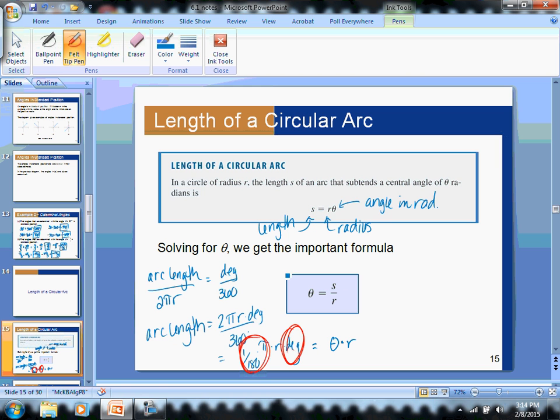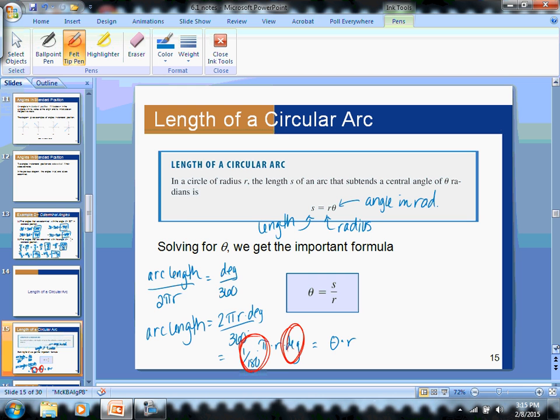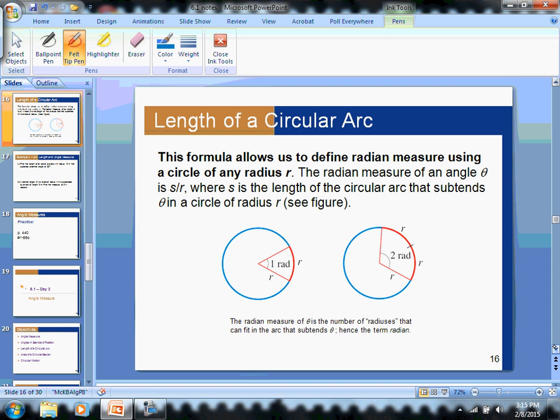And this little box here is just reworking the original formula for arc length so that it is set equal to theta, or the angle measure, instead of being set equal to the arc length. So if you divide both sides by r, then you will end up with this formula. But I know that you can take one formula and rework it so that it's solved for any of the variables.